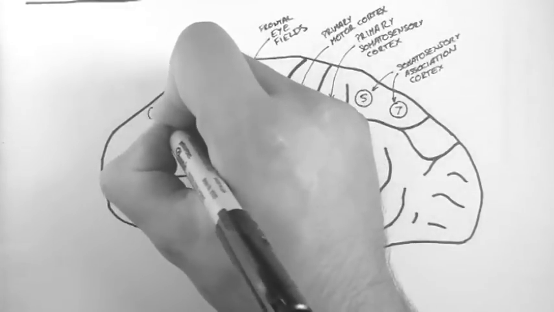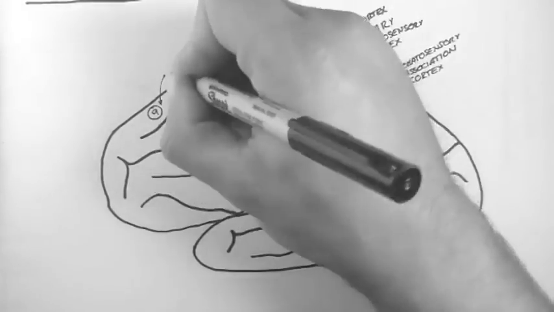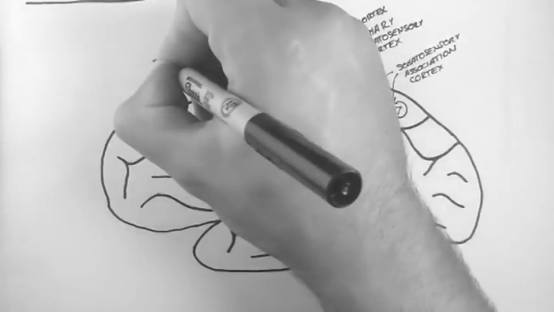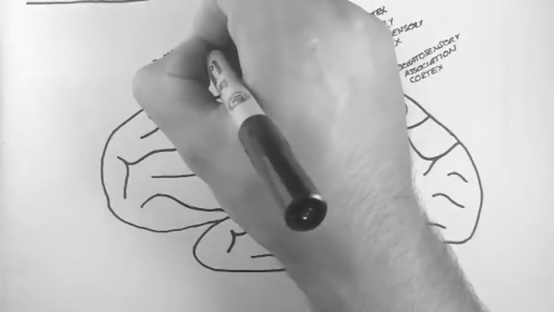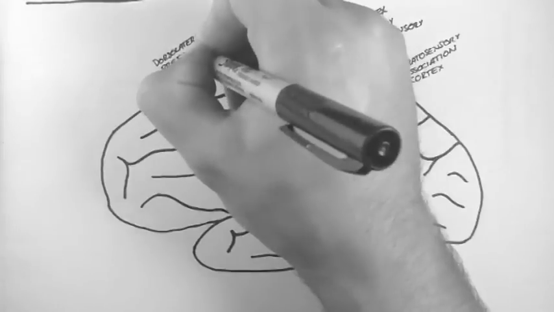Now, Brodmann areas 9 and 46, which are part of the superior frontal gyrus and the middle frontal gyrus, make up the dorsolateral prefrontal cortex. And this is involved in motor planning.